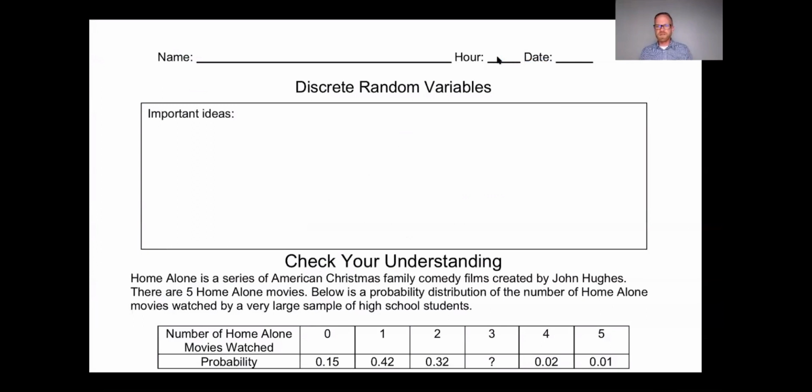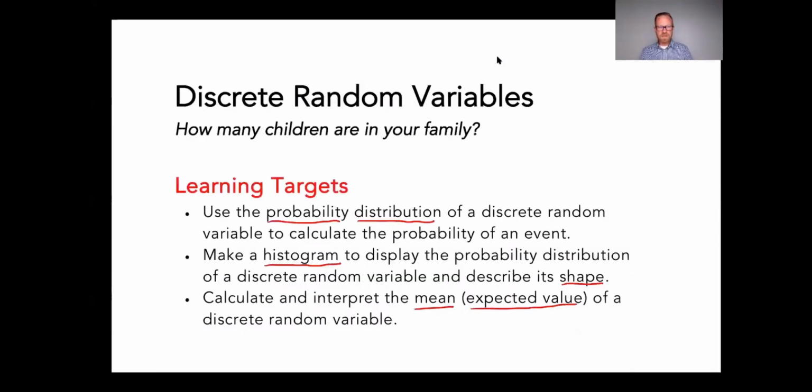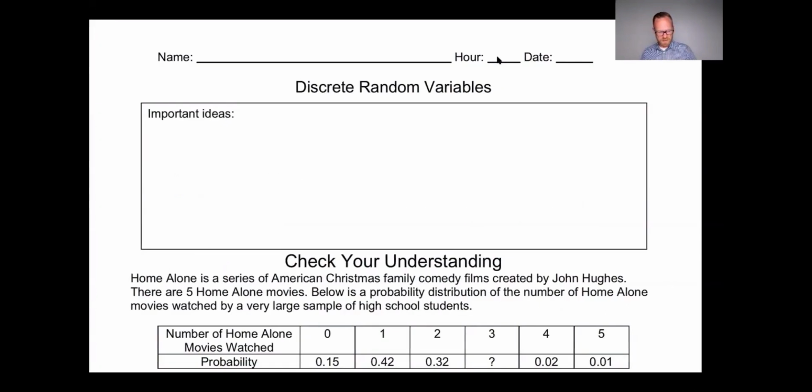So for the important ideas here, let's go back to the learning targets from the beginning of the lesson. The first learning target was about understanding a probability distribution and then using it to calculate probabilities of certain events. So let's just list this as learning target number 1. And we're going to show the idea of a probability distribution.